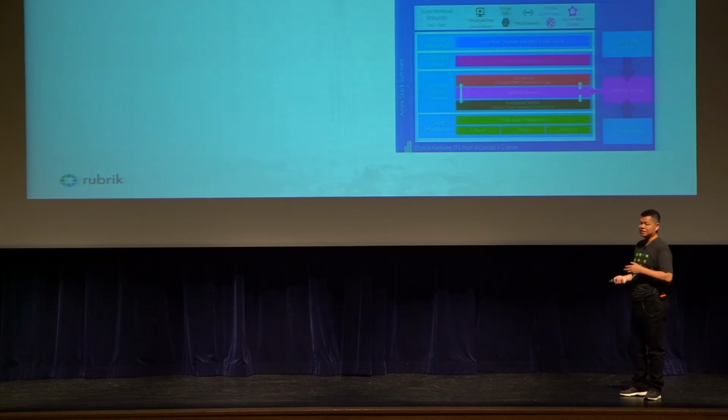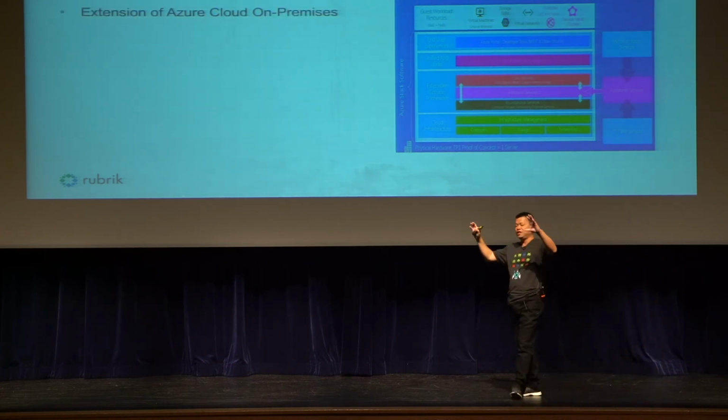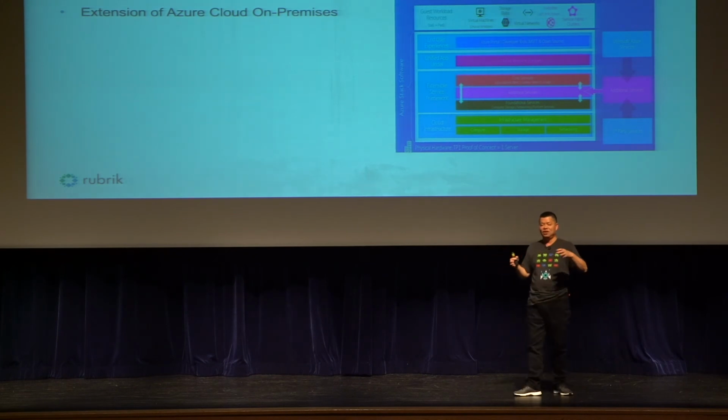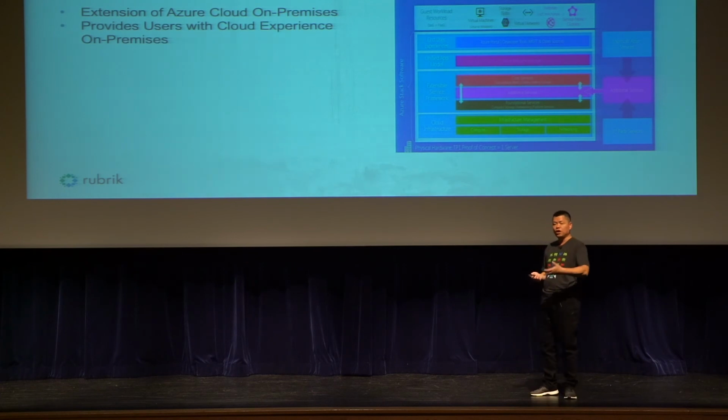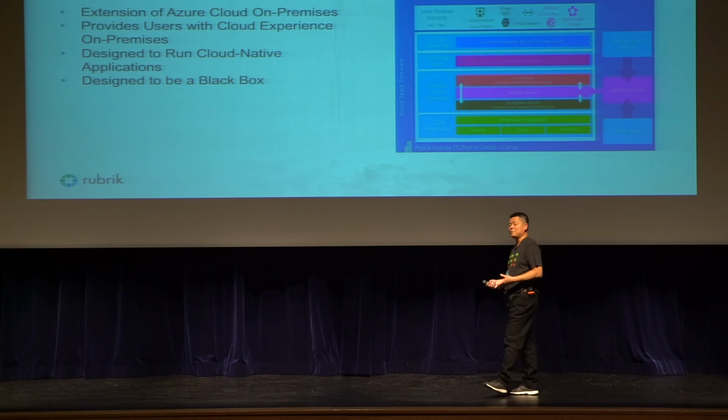And then Azure Stack from Microsoft. So think of this as basically an extension of the Azure public cloud, right? Whatever you can run on Azure, you should be able to run on Azure Stack. But it's not designed for your on-premises workloads, right? It's really designed for stuff that you're going to run in Azure anyway, right? And it's actually designed to be a black box.